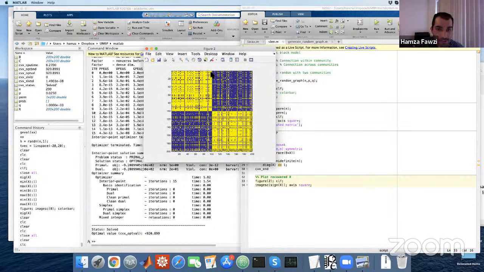You can see here that, up to some mistakes, overall this method has detected that there are two communities. Essentially, the first community is this one, and the second community is this one. So it has recovered that the first community is nodes 1 to 100, and the second community is nodes 101 to 200.